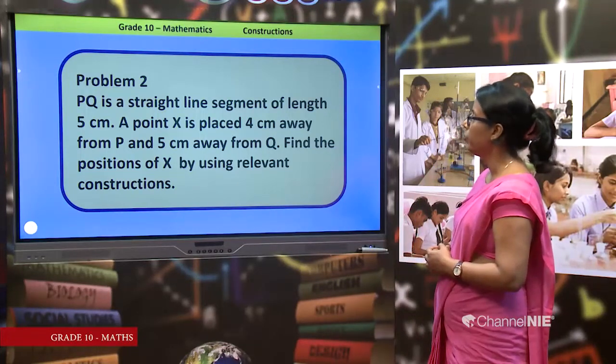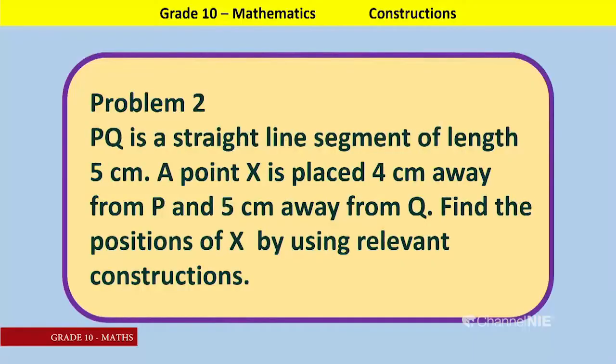PQ is a straight line segment of length 5 centimeters. A point X is placed 4 centimeters away from P and 5 centimeters away from Q. Find the positions of X by using the relevant constructions.